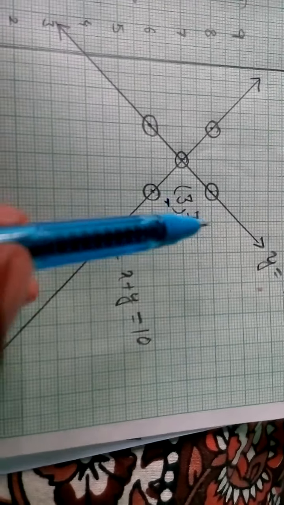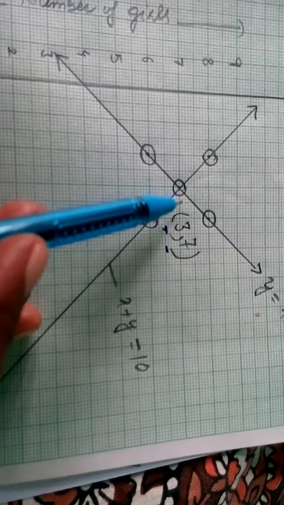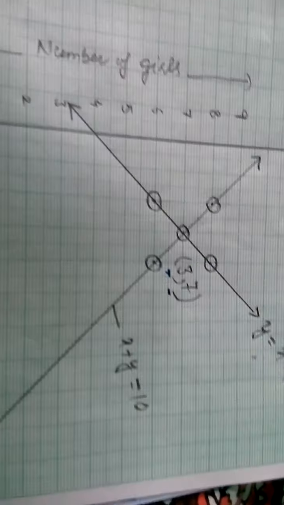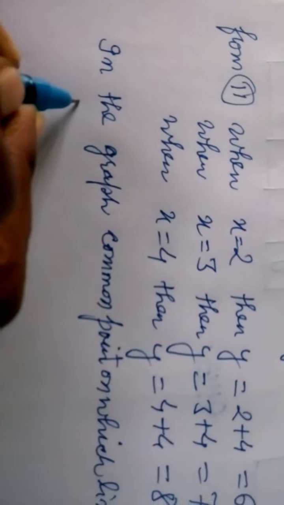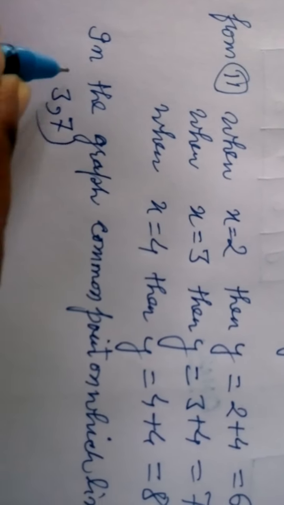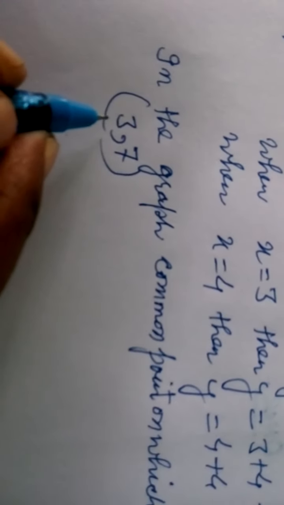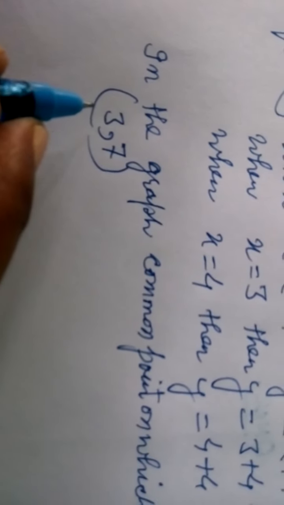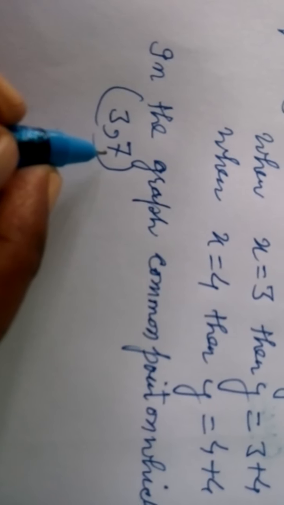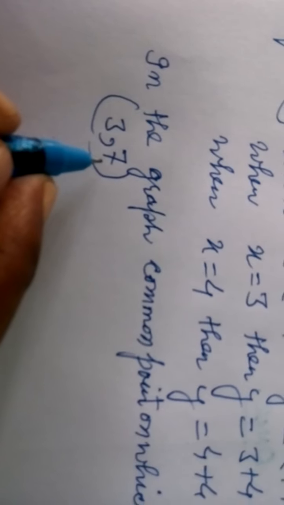You have seen that this is the common point for both these lines, (3, 7). You already know that in this, the first number shows the point on the x coordinate, and the second number shows the point on the y coordinate.